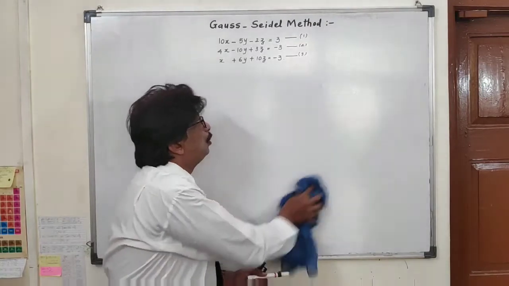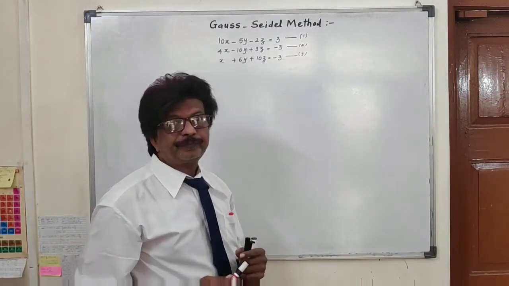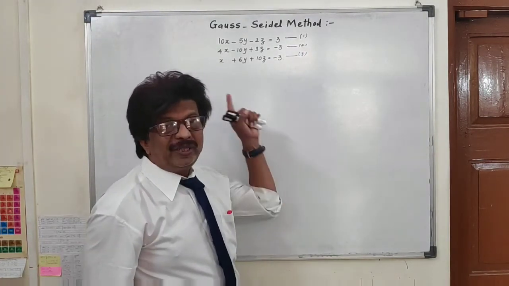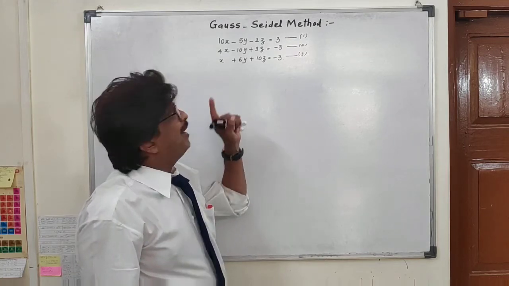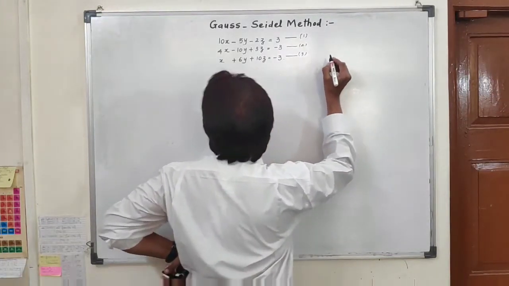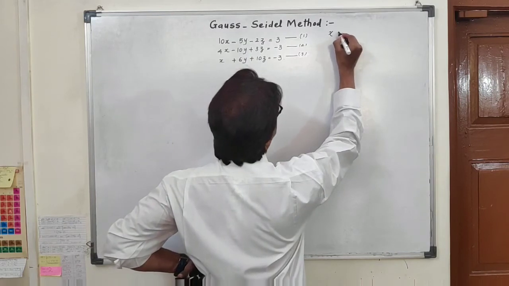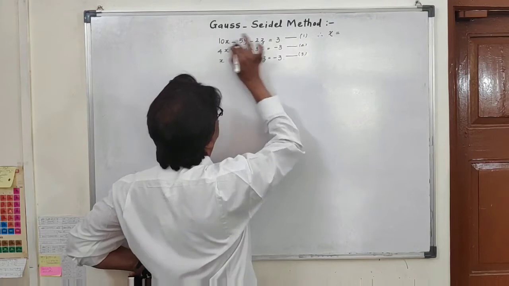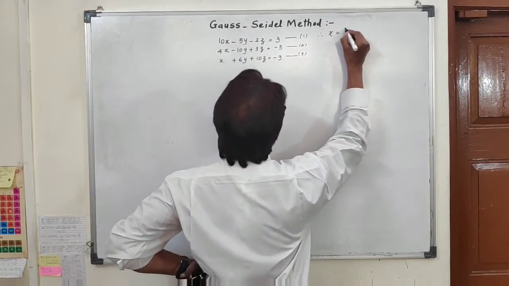So what is the method? Step 1: you number the equations. From these equations, find the values of x, y and z. From equation 1, what is the value of x?